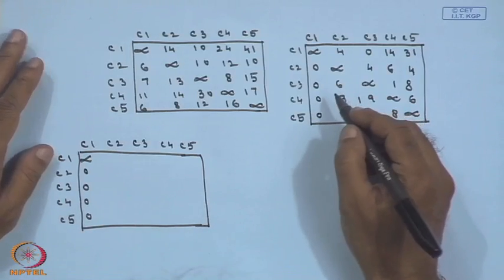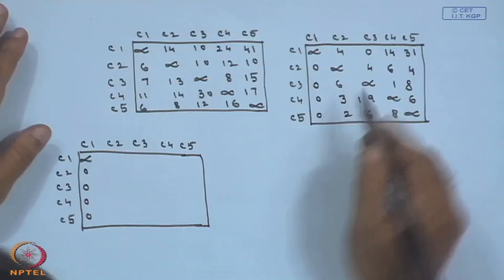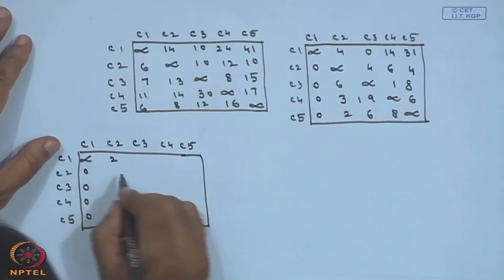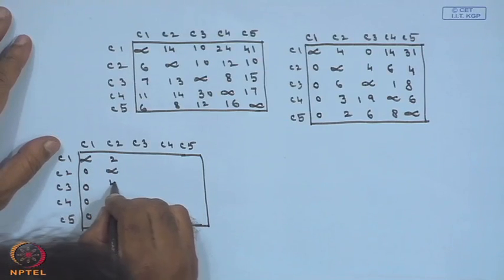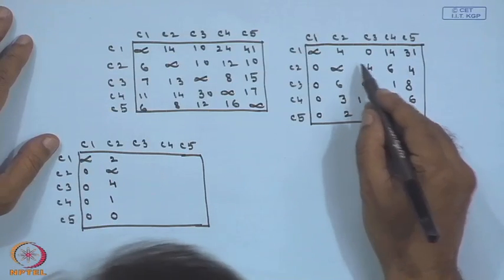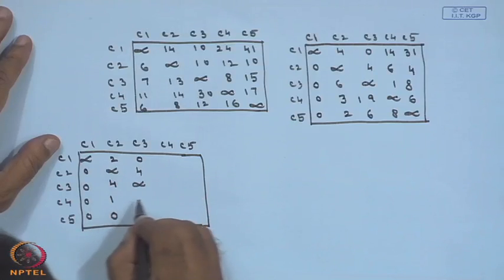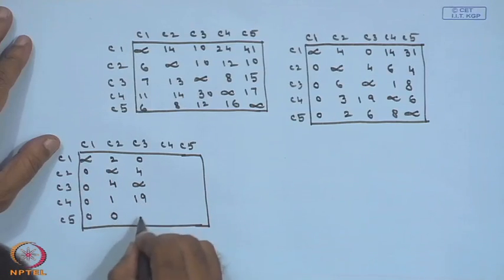In the second column, the minimum element is 2, so it will be subtracted, and you will get 2, infinity, 4, 1 and 0. In the next one you already have 0, so there will be no change: 0, 4, infinity, 19 and 6.